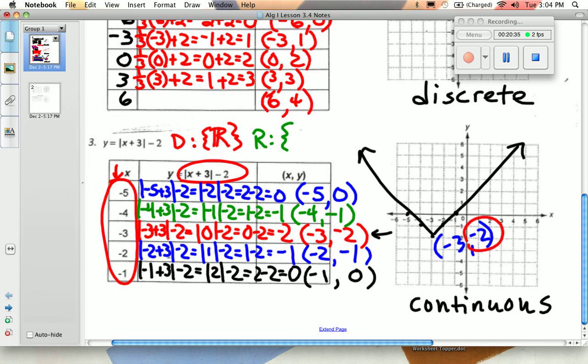And remember, we have to write this as a compound inequality. So we start with negative 2, the lowest point, is less than or equal to, what goes in the middle? y, because it's range. And then what's the highest point? Infinite. It's up there somewhere. Look at those arms, they keep going up and up and up, so we don't know where it's at.